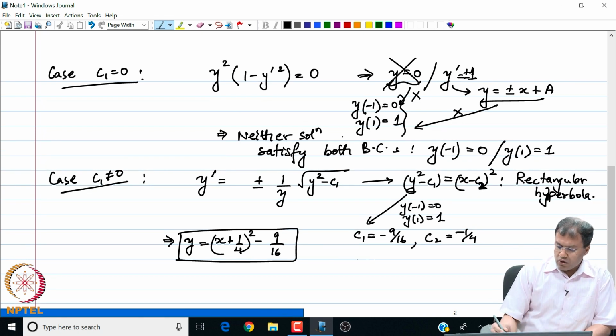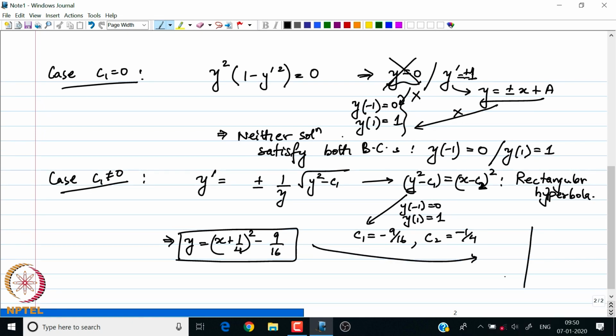So, now if I were to draw this figure, let us see what it looks like. It is a rectangular hyperbola, it has two branches. Notice that minus 1 comma 0 is here. So, this is my point P0, which is minus 1 comma 0, the first boundary point, and notice the second point is 1 comma 1. 1 comma 1 lies on the second branch, and there is no way we will have an extremal which joins these 2 points, because they are lying on 2 separate branches, right.